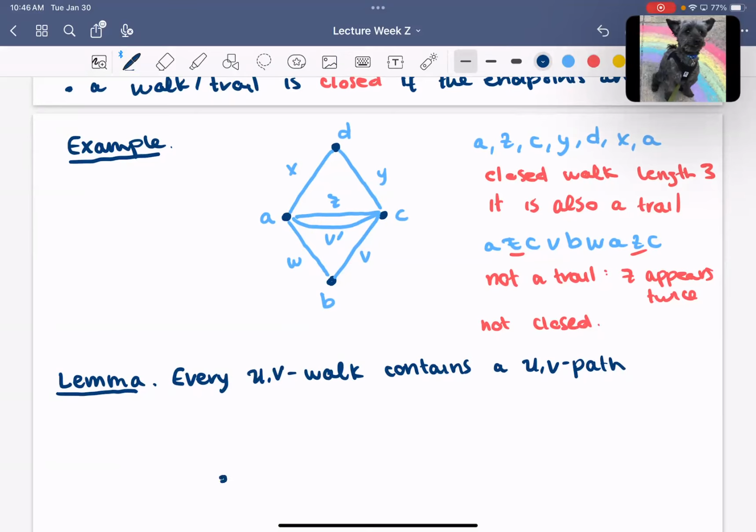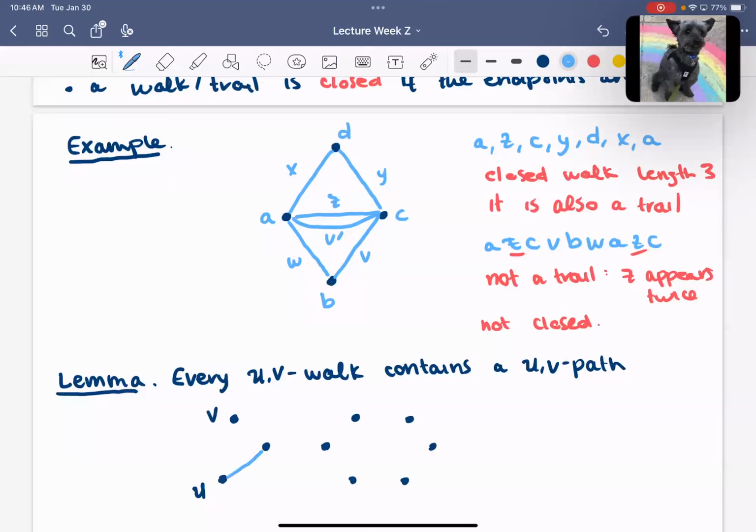So let me just draw a picture to illustrate how a walk could not be a path to start with. Okay, so let's say this is U and this is V. Let's say our walk goes like this.